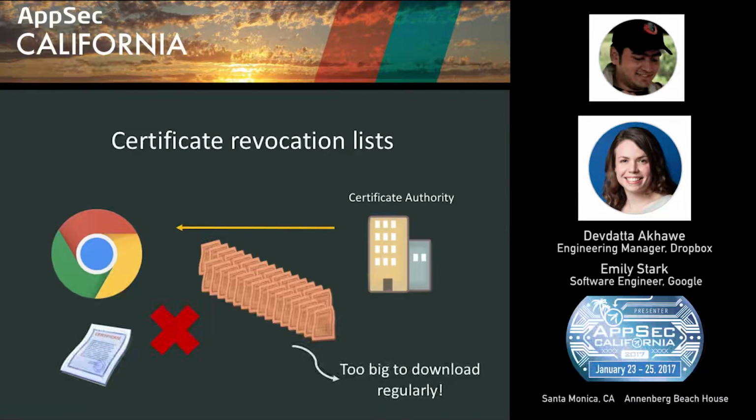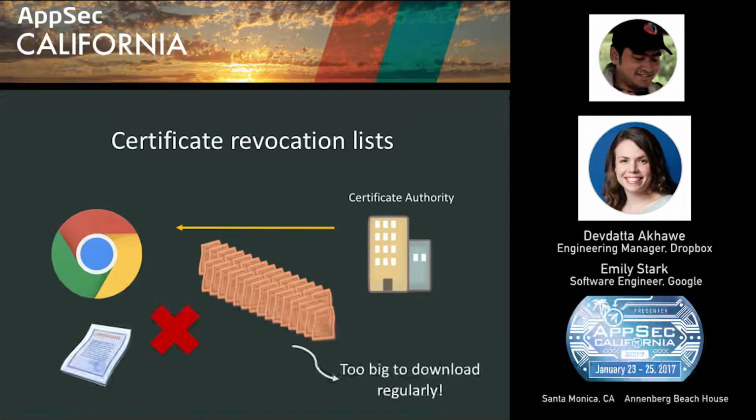The client periodically contacts certificate authorities and asks them for lists of certificates that have been revoked. It downloads these certificate revocation lists, and then when it has a certificate that it's trying to validate, it checks it against these lists to make sure that it hasn't been revoked.